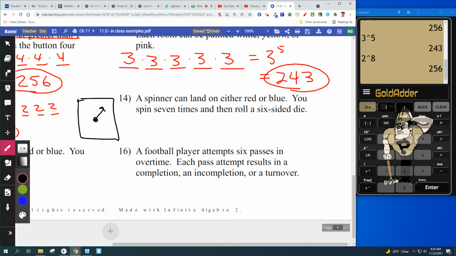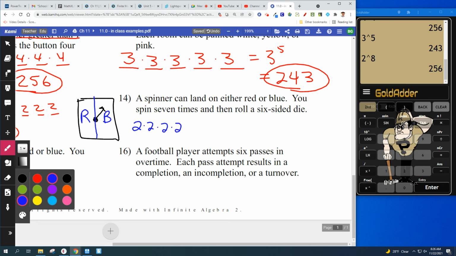But it's either going to land on red or blue, so there are only 2 choices here. So spin it 7 times and then roll a 6-sided die. A 6-sided die is going to have 6 possible outcomes.